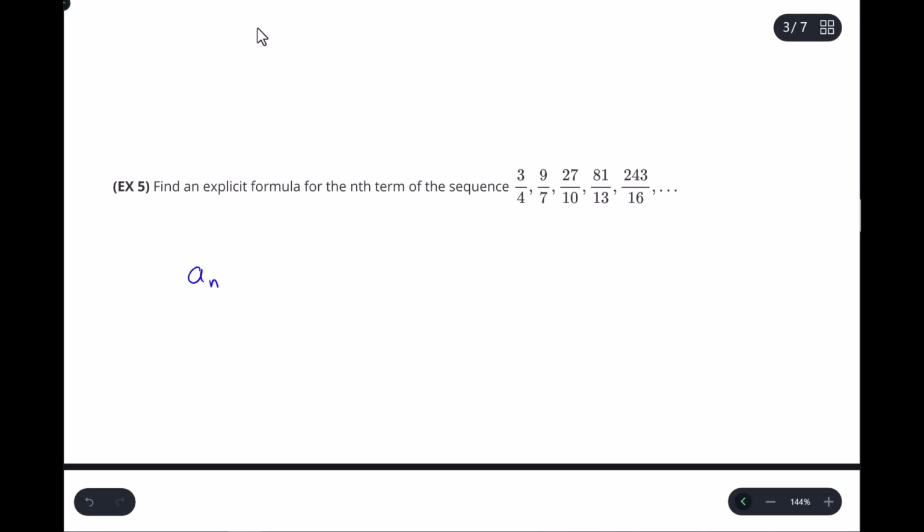But if we just look at numerators, 3, 9, 27, 81, and so forth, these are powers of 3. That's pretty evident. But we need to make sure everything lines up. So when n is 1, we have 3. 3 to the first is 3. 3 to the second is 9. So that's great: 3 to the n in the numerator.